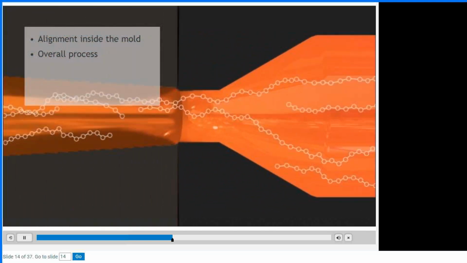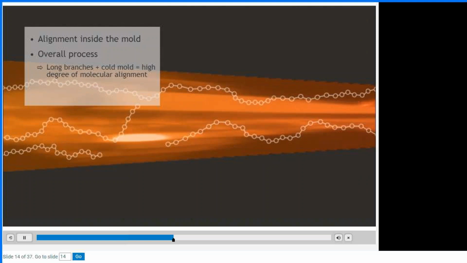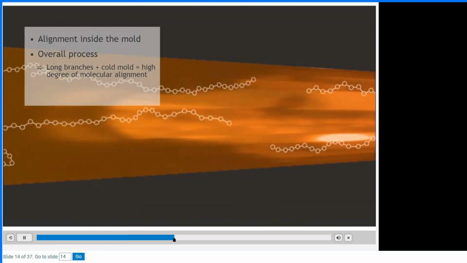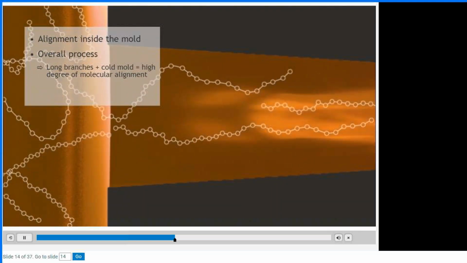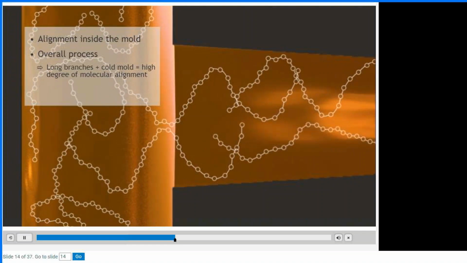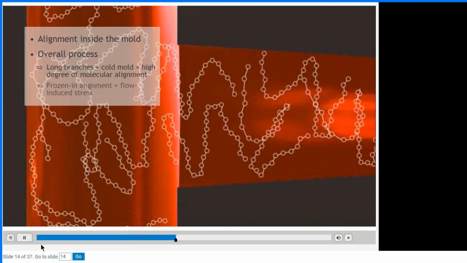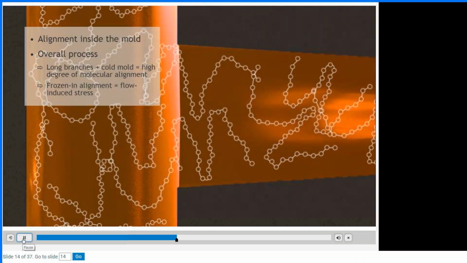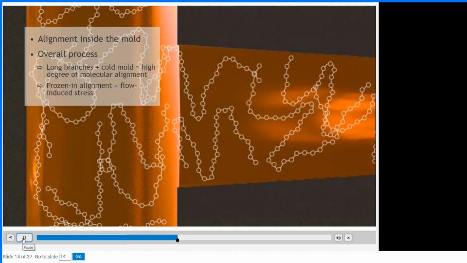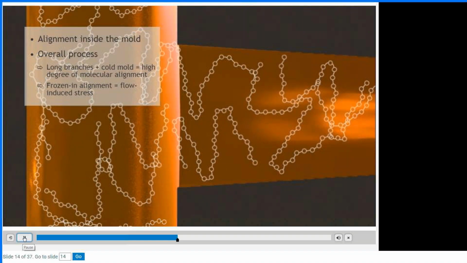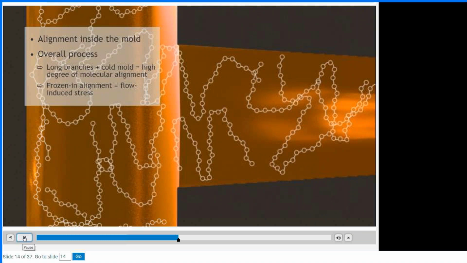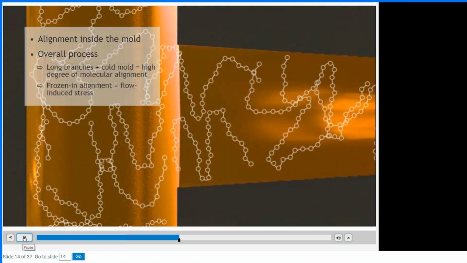For example, a material with a long branched molecular structure that is injected quickly into a cold mold will have a high degree of molecular alignment. Because they are frozen in alignment, the molecular chains do not have the opportunity to relax and return to their natural structure. This frozen-in alignment will create flow-induced stress.